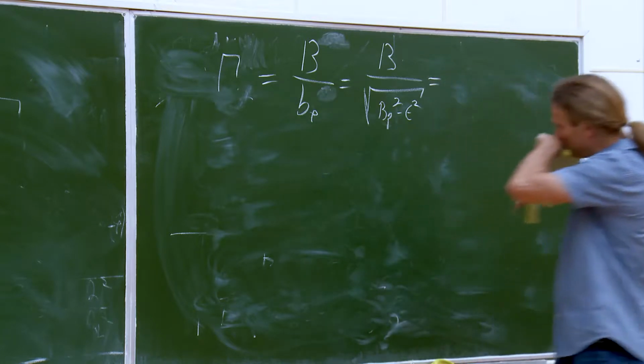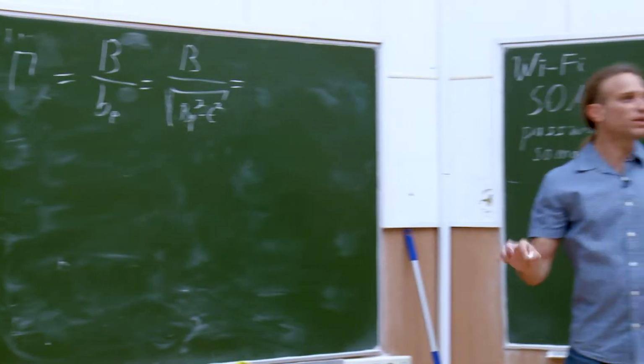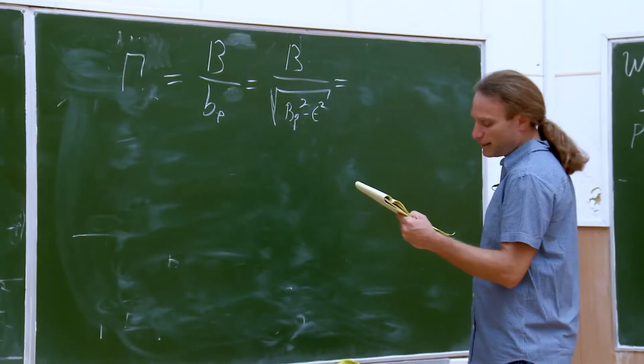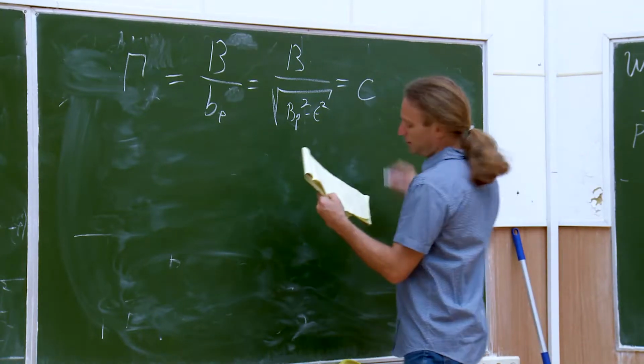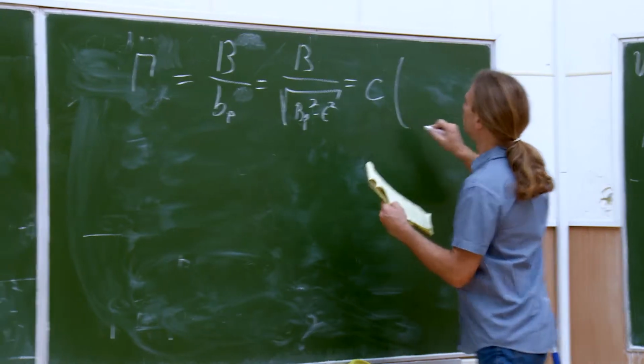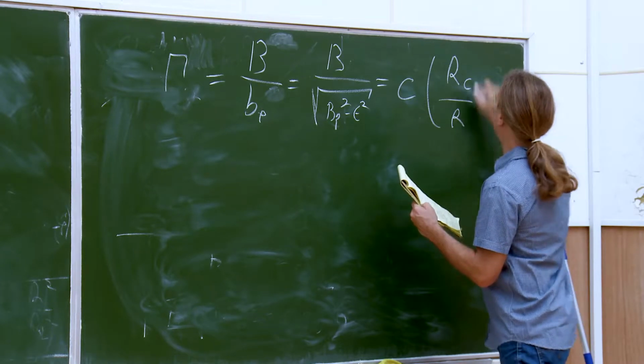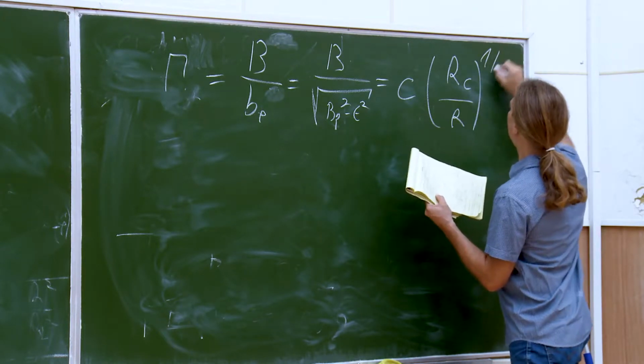And here, there is some algebra that is involved that I'm not going to go through. I will just state it. And this is equal to c times the curvature radius divided by r to the power of 1/2.